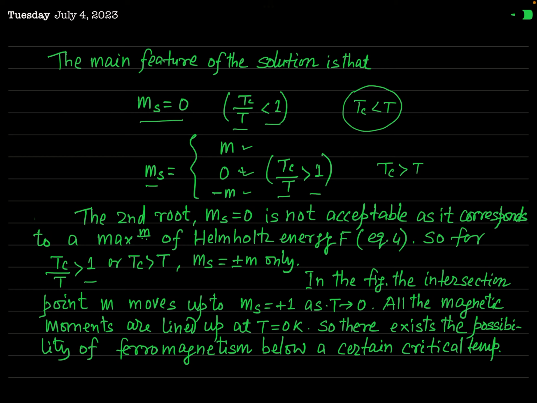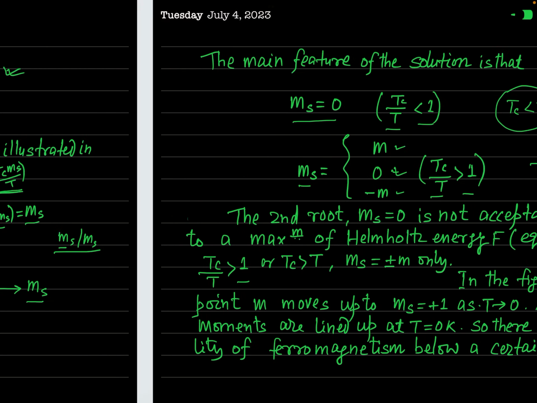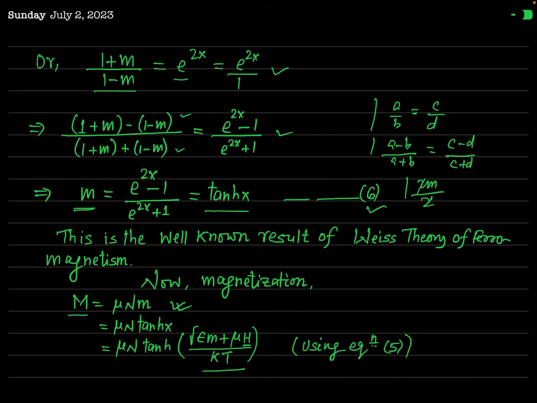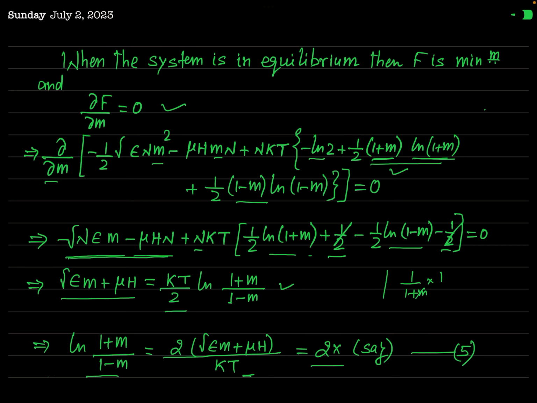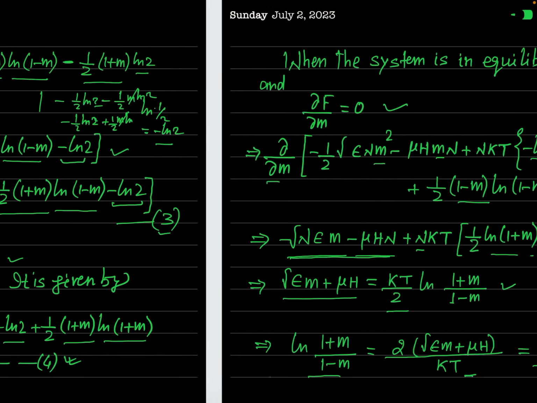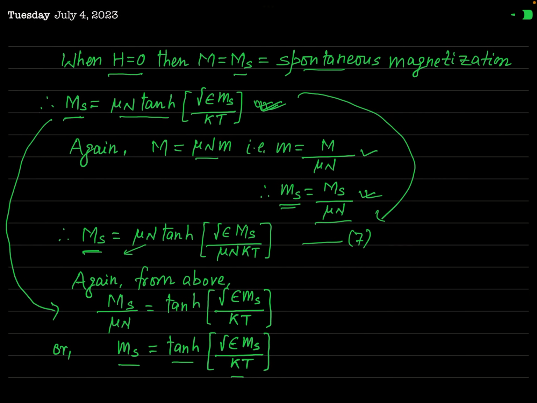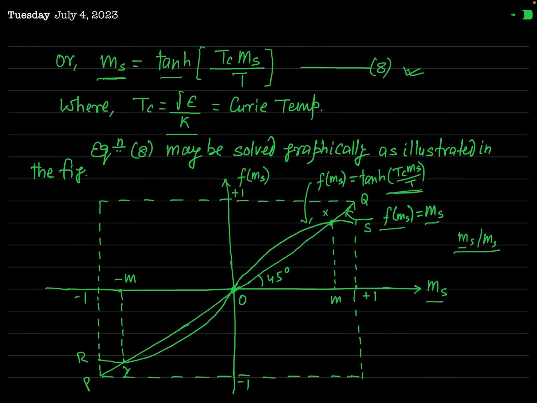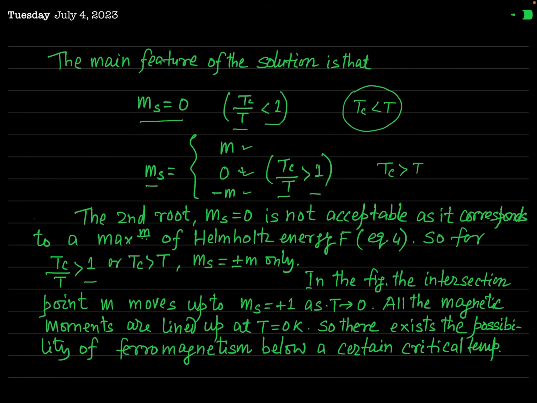Because when you take ms equal to 0 when the temperature is less than the critical temperature, then from the expression for the Helmholtz energy that we have seen, if you use the value m equal to 0 in this expression, you will find that the Helmholtz energy will not be minimum when m is 0.